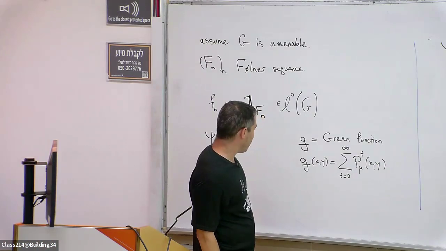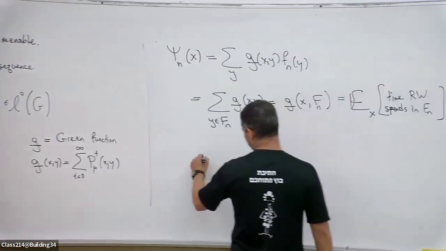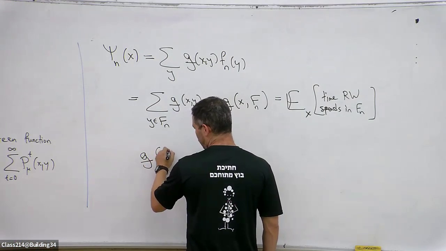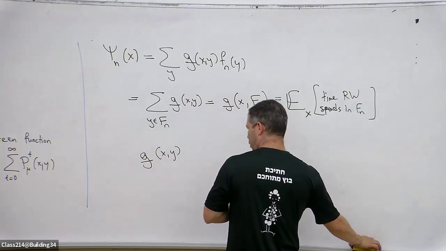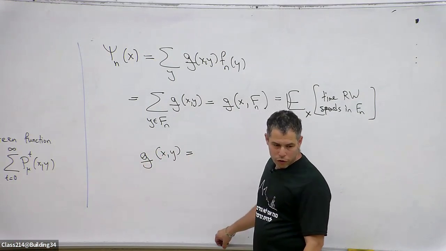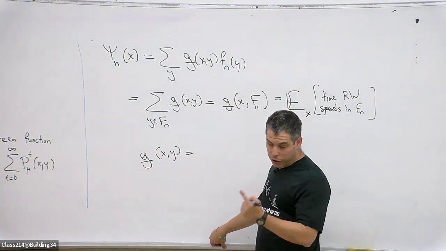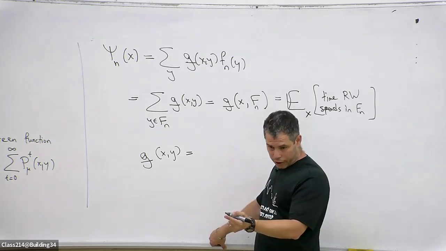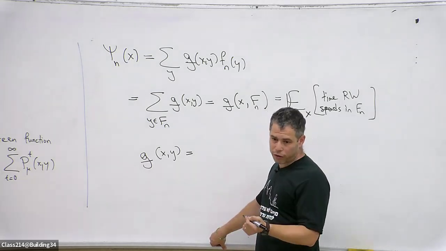Now, what you need to note is that if you take the expected number of visits starting at x to a point y, well, suppose y is equal to x, then you get one visit from time 0, then you take a random step and you start counting again because of the Markov property. If y is not equal to x, then you take one random step and start counting from that, and you don't have anything at time 0.